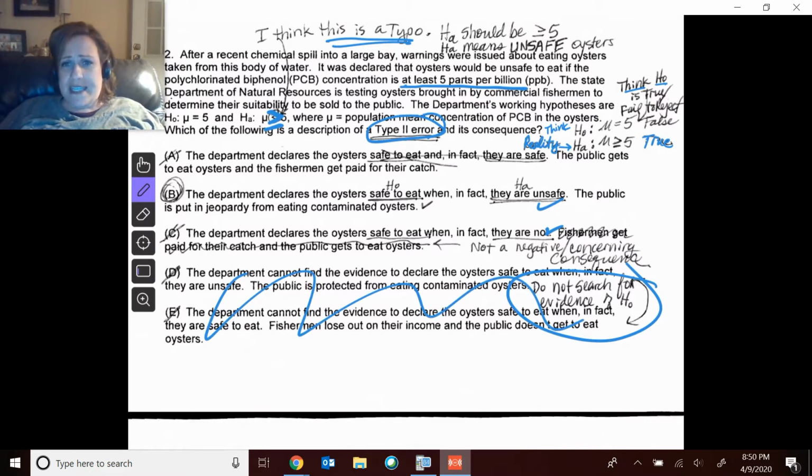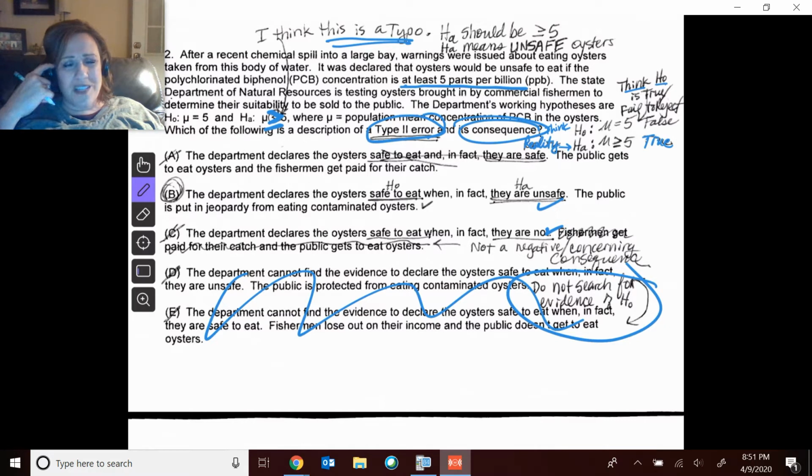All right, so back to B and C. The second sentence of B says, the public is put in jeopardy from eating the contaminated oysters. And that is true, that's what's happening. C says, fishermen get paid for their catch, and the public gets to eat oysters. Okay, that's also true. So both of those are true. But what's a consequence?